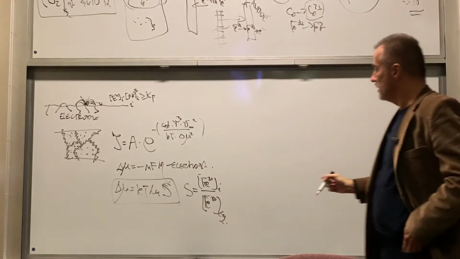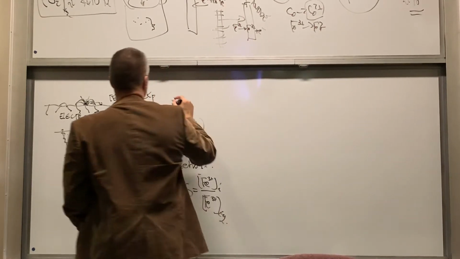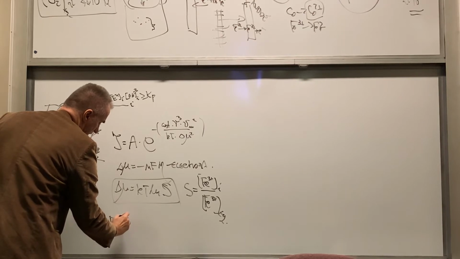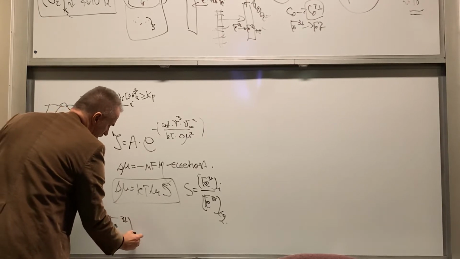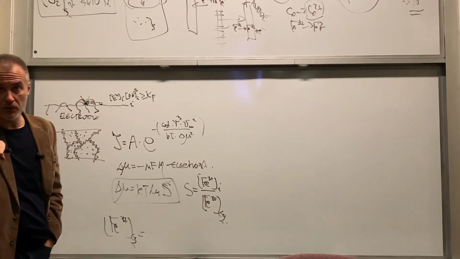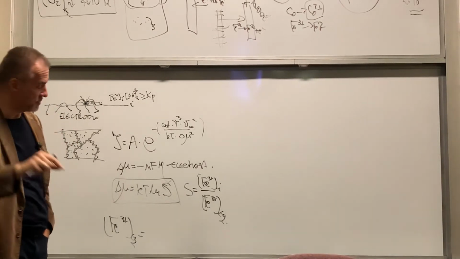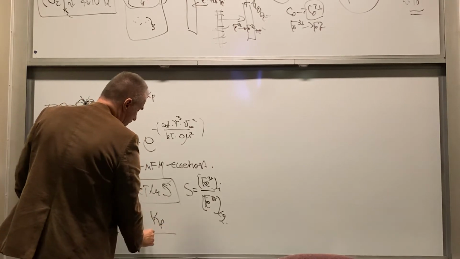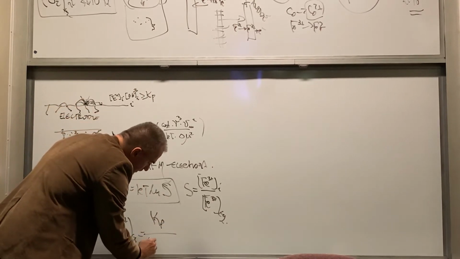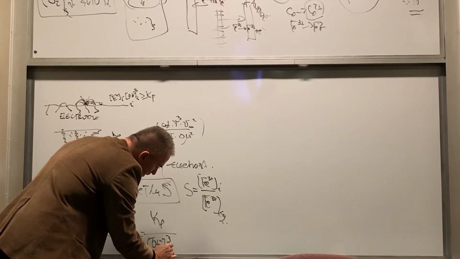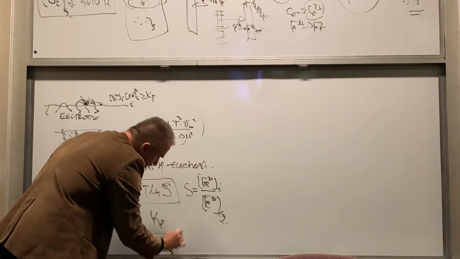So this equilibrium concentration of Fe3+, which means the threshold, below that no precipitation, above that precipitation, is basically Kp divided by OH- to the power 3 at equilibrium, right?